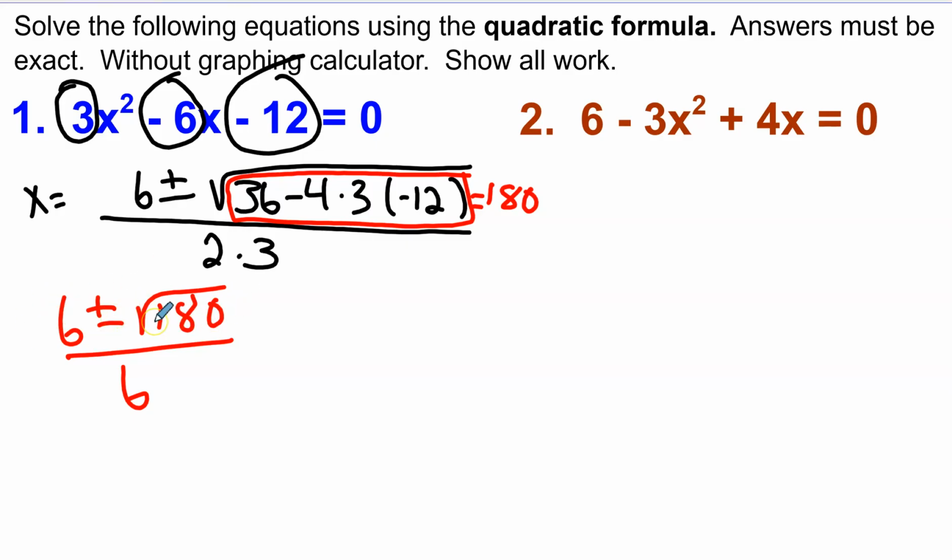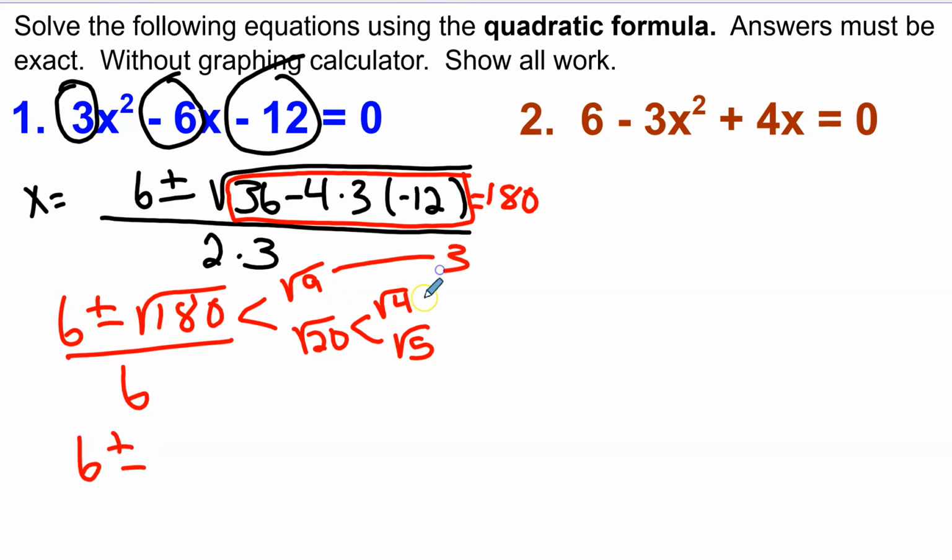It's adding and subtracting. So the square root of 180 is going to be the square root of 9 times the square root of 20. And the square root of 20 is the square root of 4 times the square root of 5. So that's going to be 6 plus or minus the square root of 9, which is 3, the square root of 4, which is 2, the square root of 5.